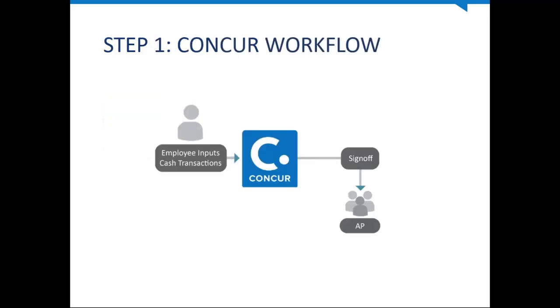First up, let's talk a little bit about the Concur workflow. What is it that you're trying to do with your Concur implementation? The main objective for purchasing such a travel and entertainment management solution is to simplify the whole T&E process or P-card process.